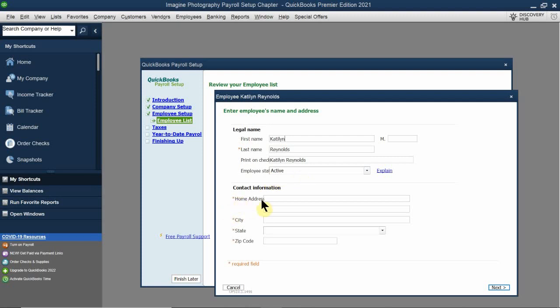And then let's see, what is her home address, okay? This is very, very important that you put here, because this is also going to tell you how you are going to tax Caitlin or Katie, okay? Because the way that you are taxed is based on where you reside.